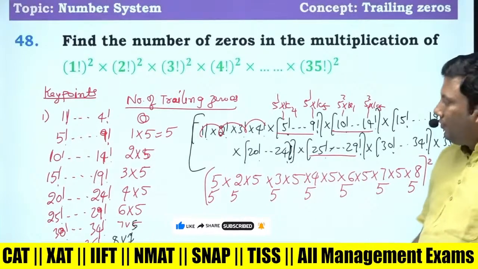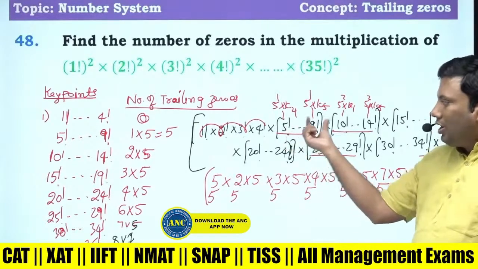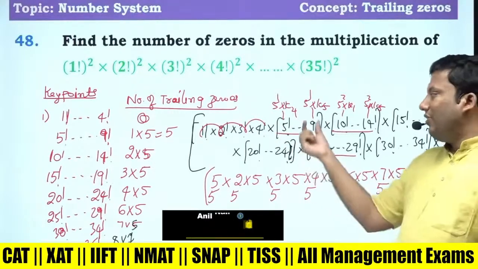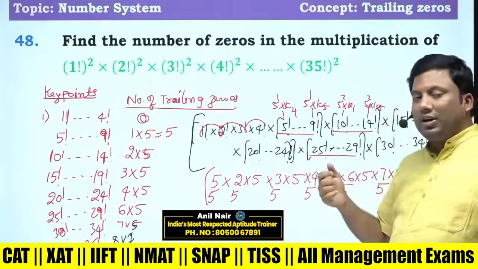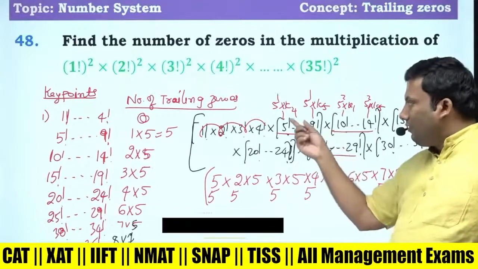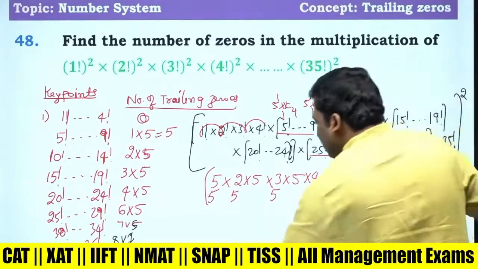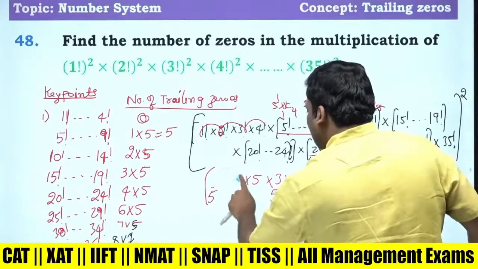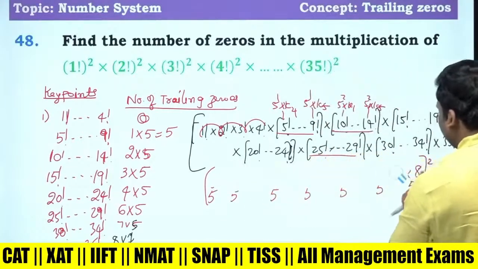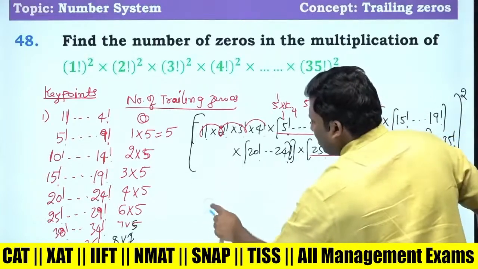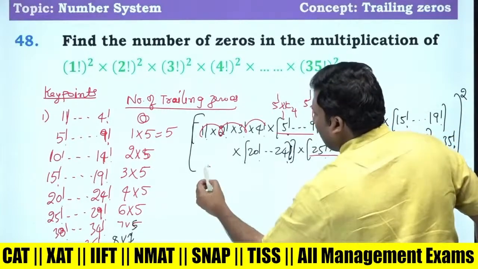From 5 factorial to 9 factorial: 5 power 1 into K1, 6 factorial 5 power 1 into K2, 9 factorial 5 power 1 into K5. From 5 to 9 there are 5 5s. Yes or no? So this will be addition because of the 5 powers. Don't make this silly mistake. That is the reason I am writing it.